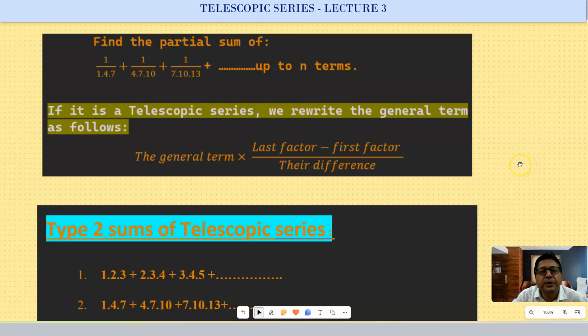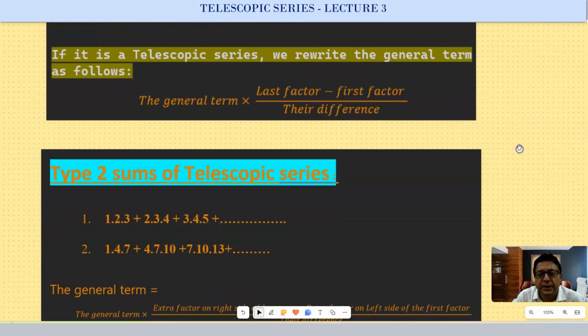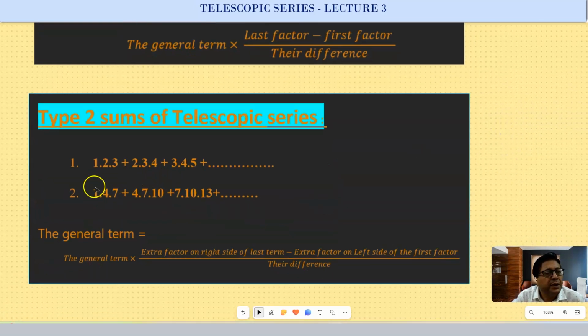Then we are able to express each term as the difference of two terms and finally derive the sum. Now for this one, again in the same manner, we express each term as the difference of two terms. Just remember that the general term is multiplied by the extra factor on the right side of the last factor minus the extra factor on the left side of the first factor.